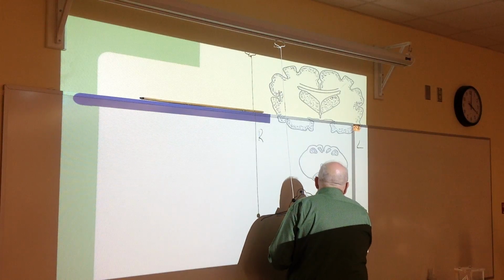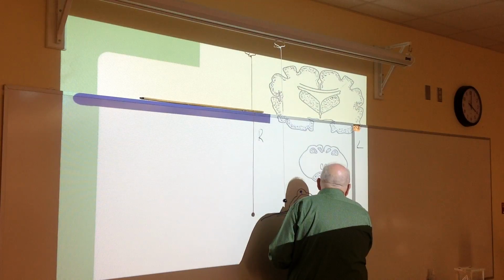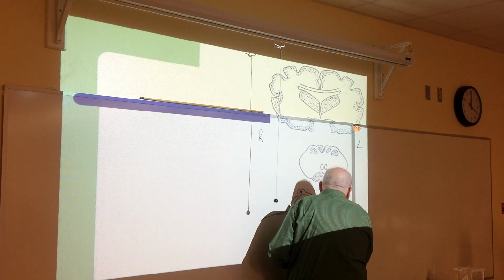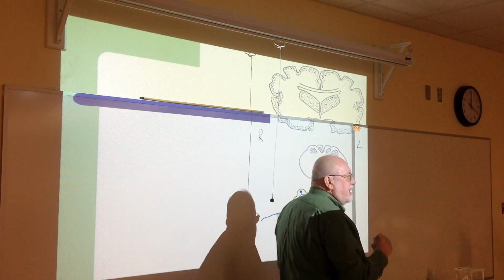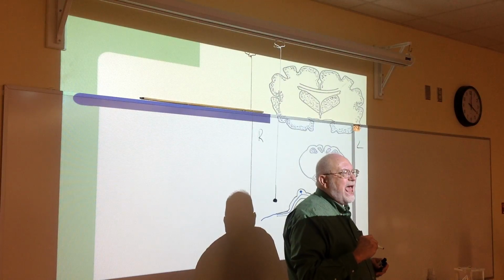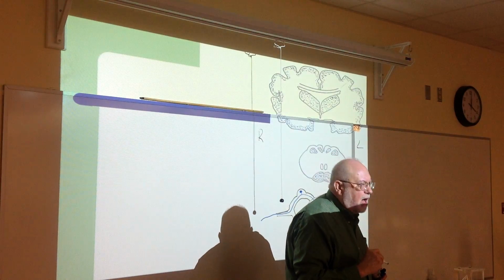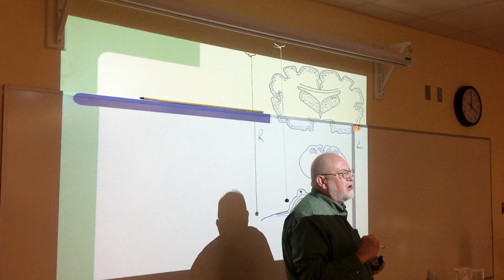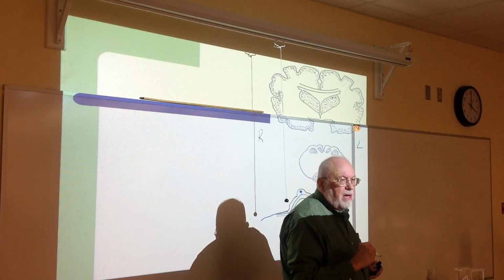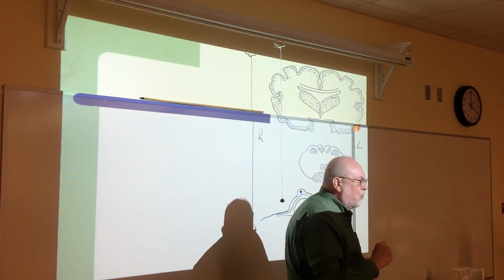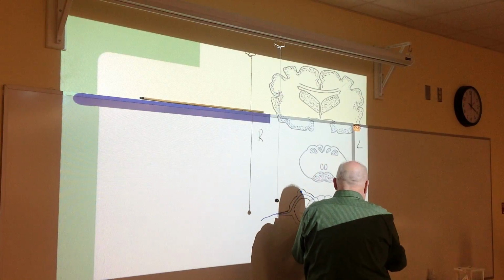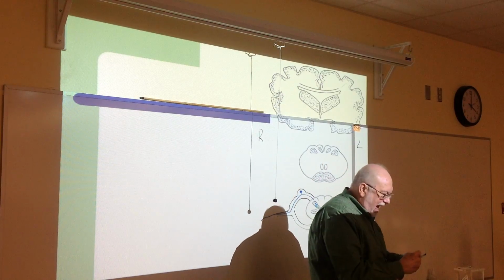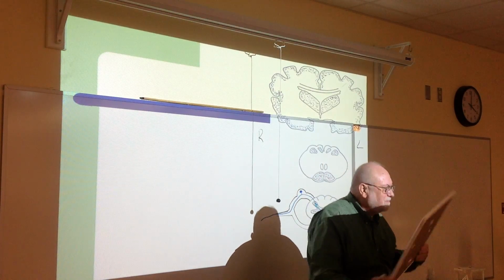And that axon is now going to cross from right to left, and it's going to travel in the anterior white matter column of the spinal cord up to the thalamus.